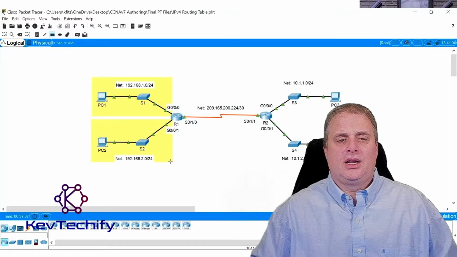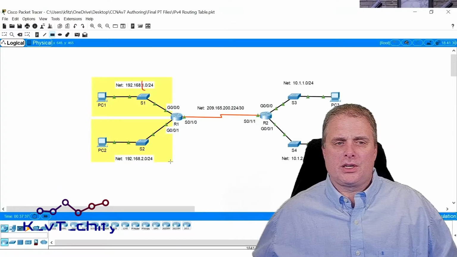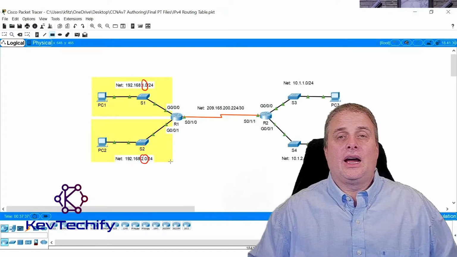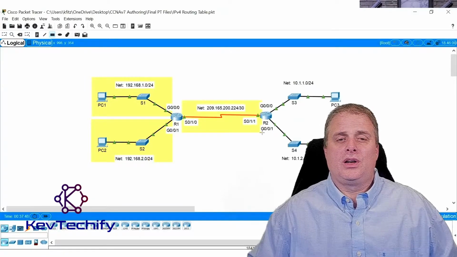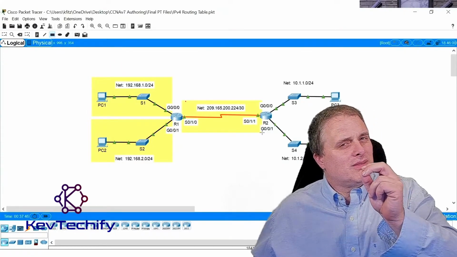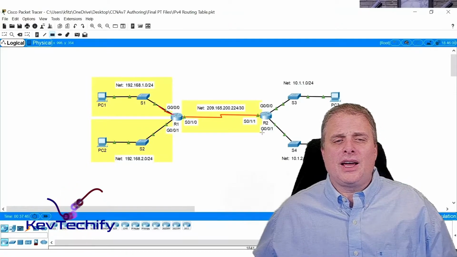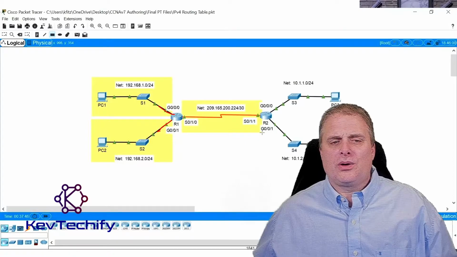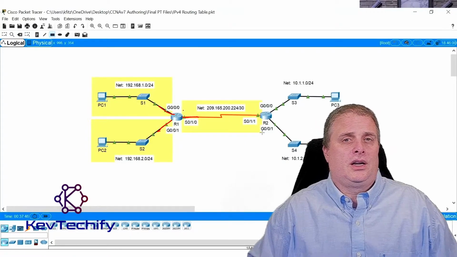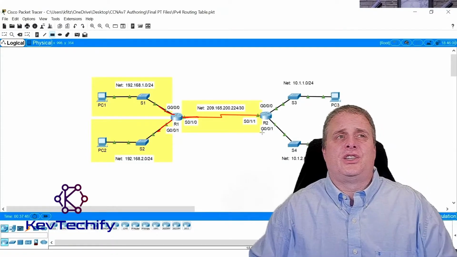Second network is the 192.168.2. Notice they're different networks because that third octet is different. And then the other directly connected network to R1 is the 209 network. So we have three. One of the simple ways starting out, but this will change: if you have 3 lines coming in to the router, there's a good chance you have at least 3 networks there, 3 directly connected networks. So you can kind of use that as a judge.